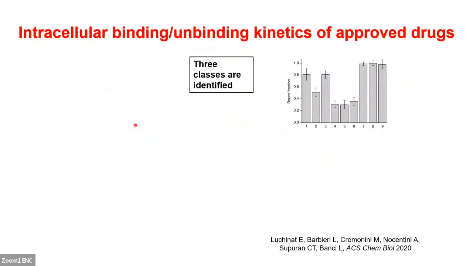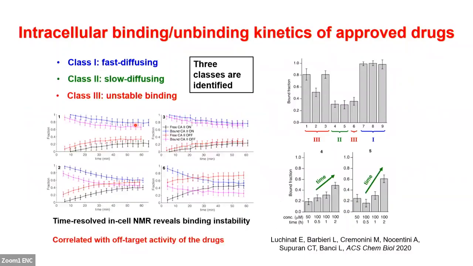But what we can do is classify these: there are some classes that are fast diffusing, and so they bind as soon as the cell is exposed, and others are slow diffusing.